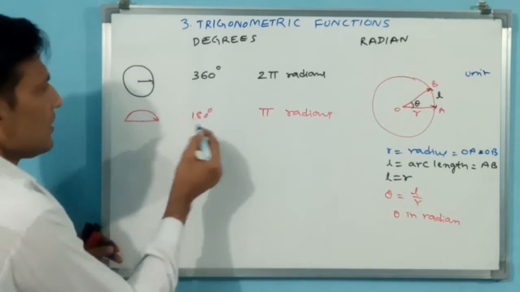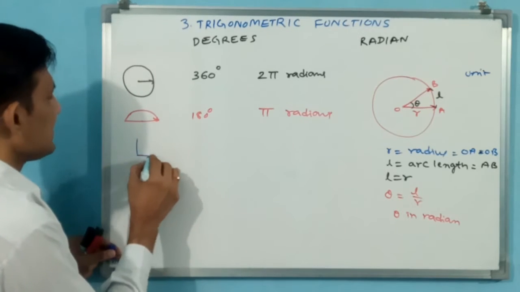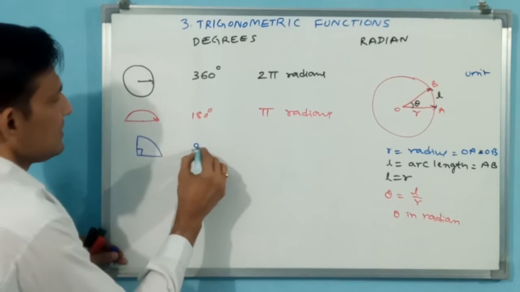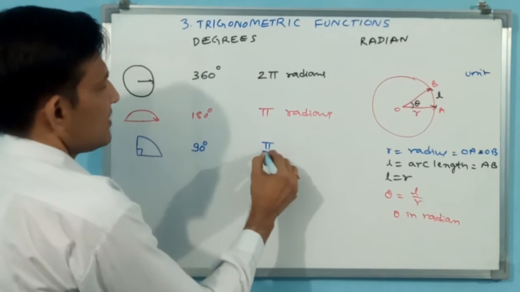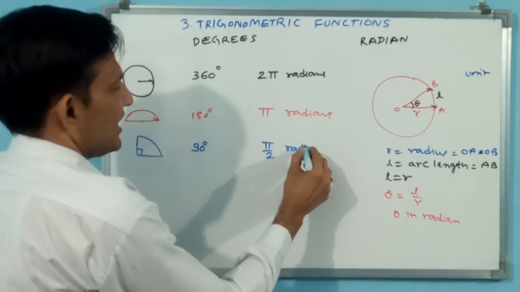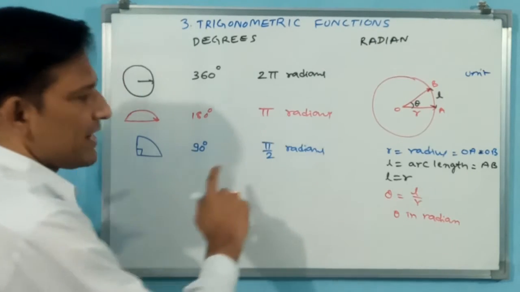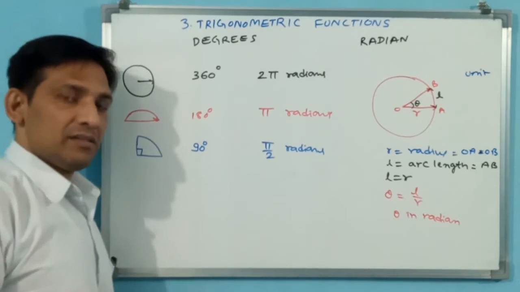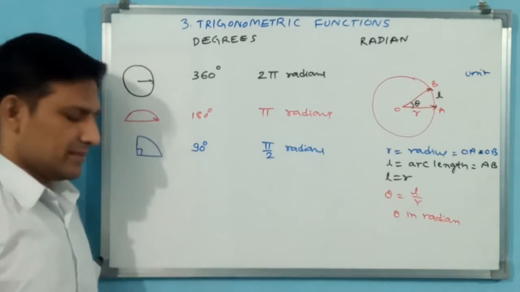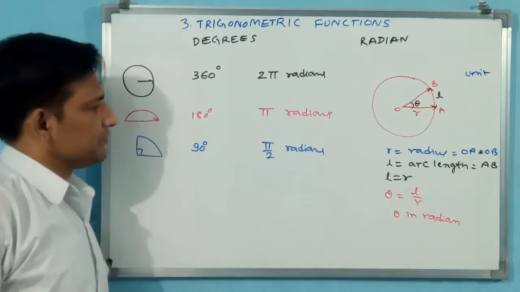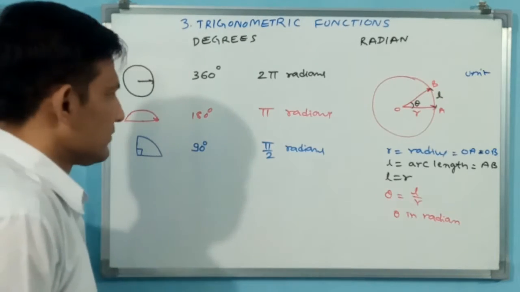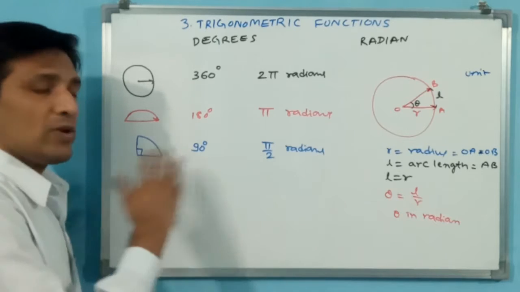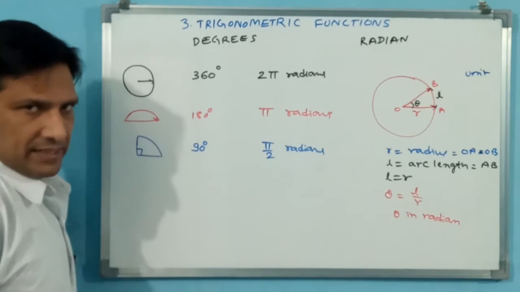Now I will also take a quarter circle. This is a quarter circle. This is 90 degrees. Then this is pi by 2 radians. Radian if you write or don't write, 2 pi, pi by 2 are all radians. Pi by 4. Okay, these are the comparisons. Now let us go to equivalences.